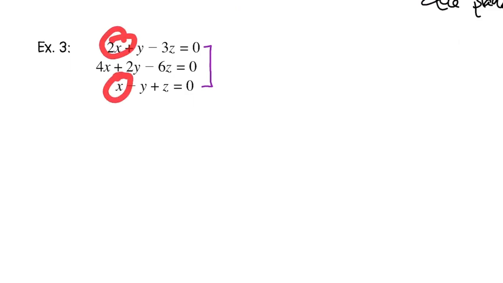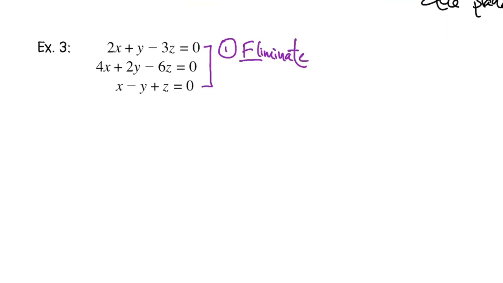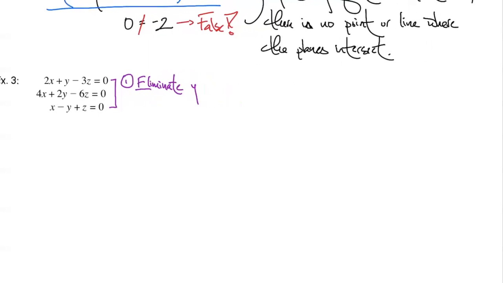So far, we've been looking at just the x's being the same, but it's worth our time to scan through the equations and see if anything else is the same. And it turns out that we have a y and a negative y. So even though in the past we've gotten rid of all the x's first, maybe in this one, we eliminate y first, and that's okay too, all right?